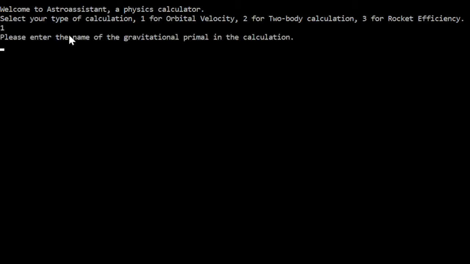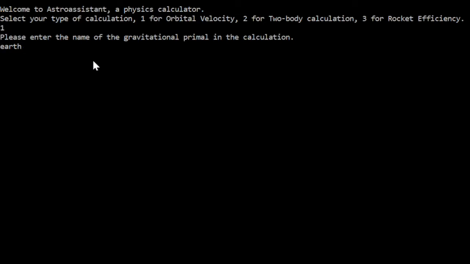So let's select 1. And please enter the name of the gravitational primary in the calculation. This calculator doesn't require you to enter GM, nor the distance from the center of your astronomical object to your orbiting object. So if you select, for example, Earth, it automatically selects the GM, which is also called mu, by the way.